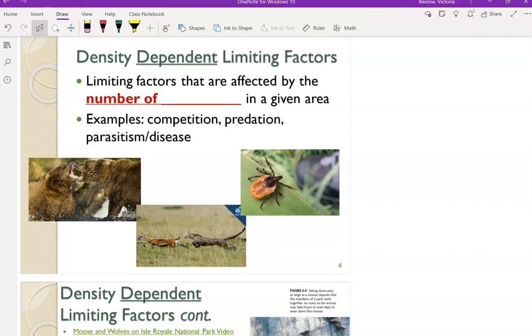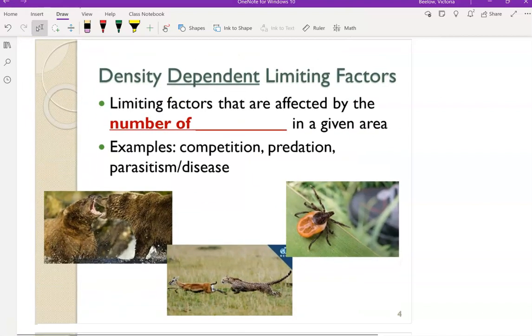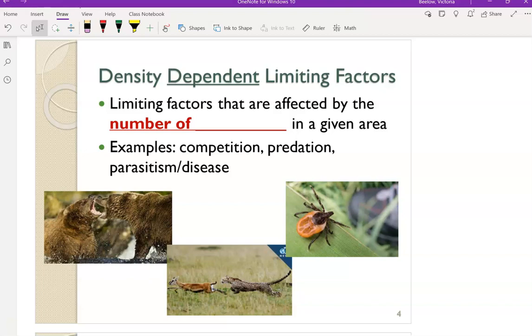A lot of these you are already familiar with. Density dependent limiting factors depend on the density, or the number of individuals, in a given area for a particular species. Remember, an individual is one organism.